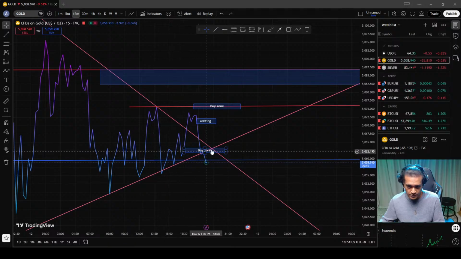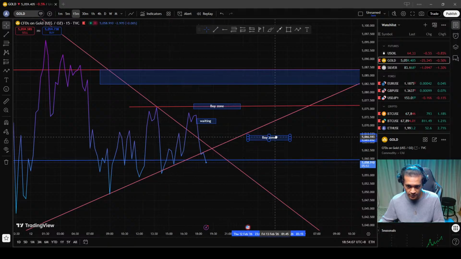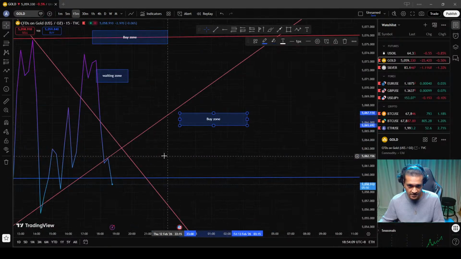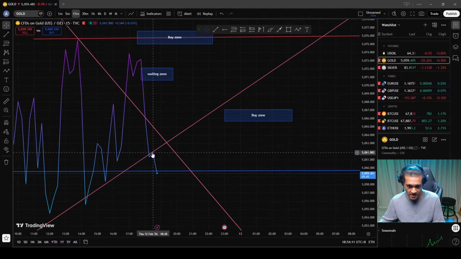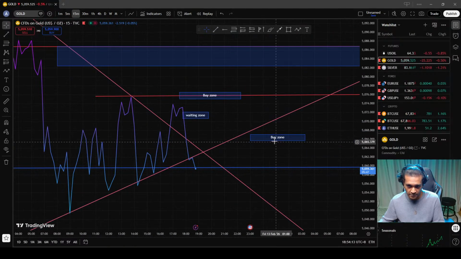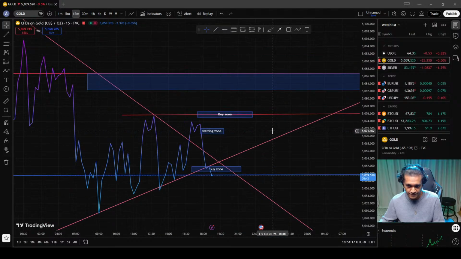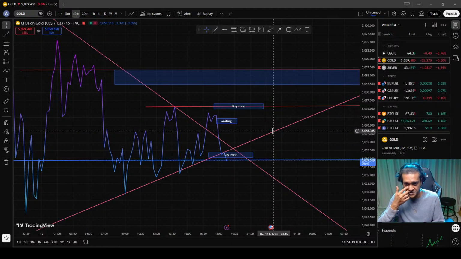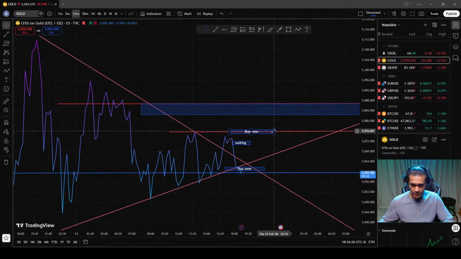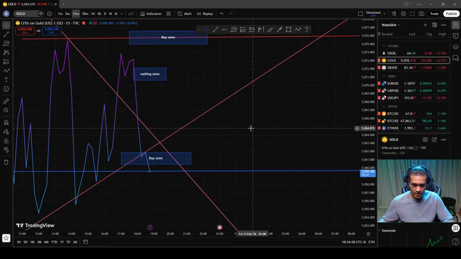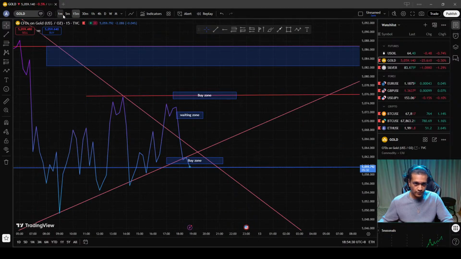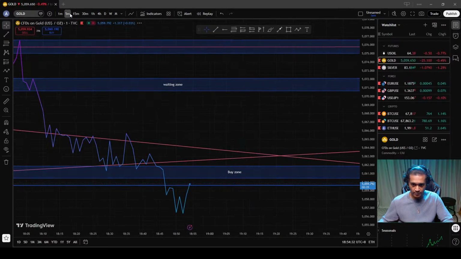Look at that. You remove this buy zone, you see? Breakout, touch our trend line, and continue further down. So our first initial buy zone failed. So we're gonna look for a second initial buy zone too. We are not looking for a sell. We're still looking for a buy.